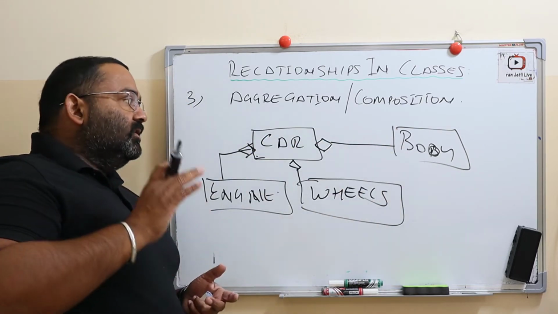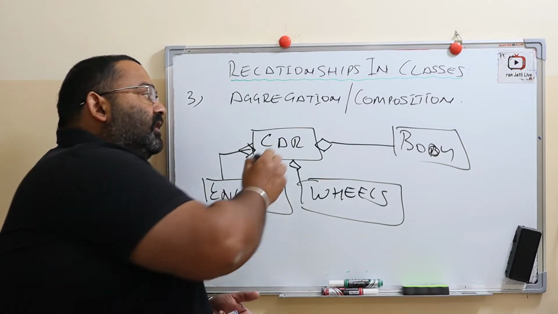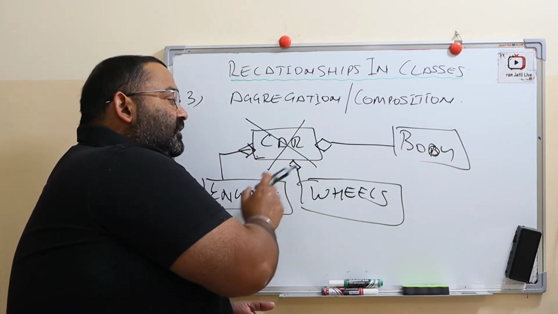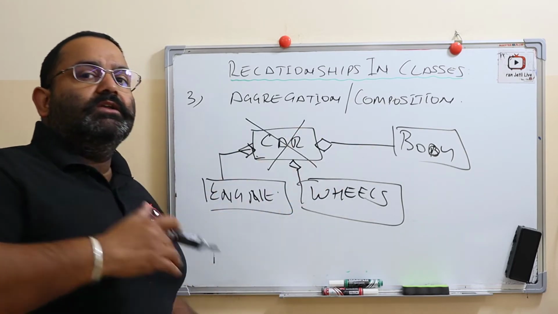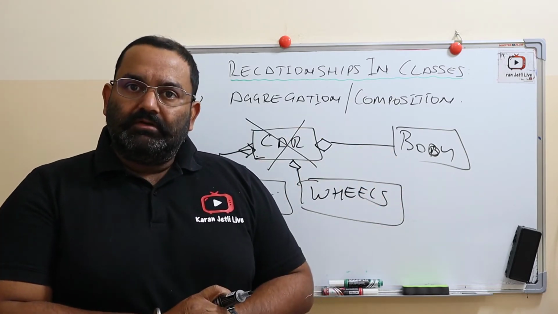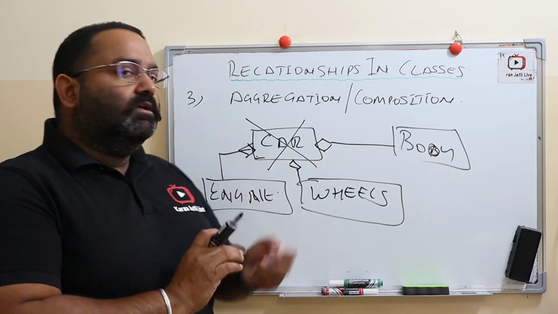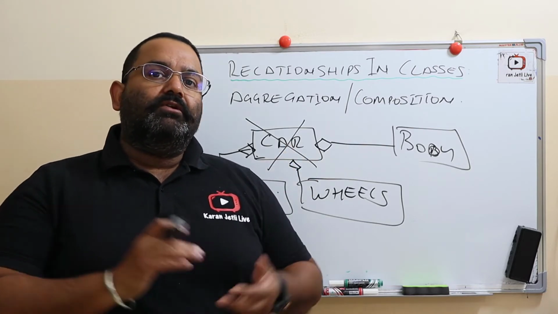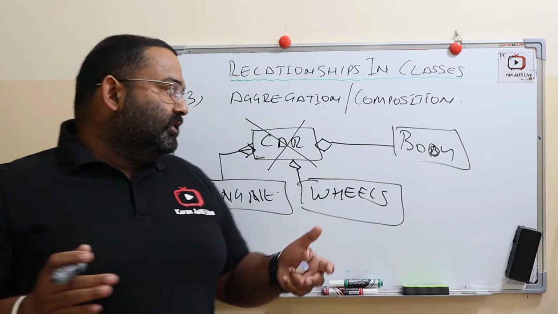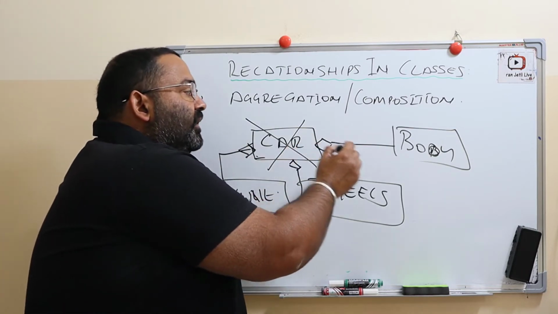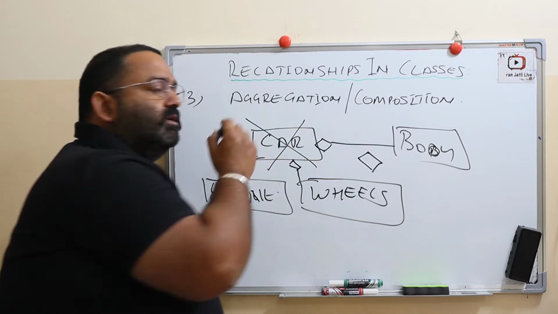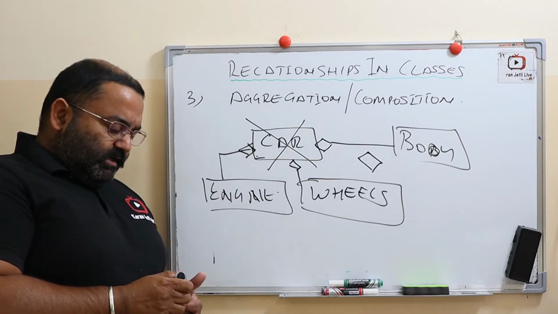Even if the car is destroyed, we can still remove the wheels, remove the engine, and use the body in some other car. So these parts will not die with the car. We call it aggregation, and it is denoted by a white diamond.